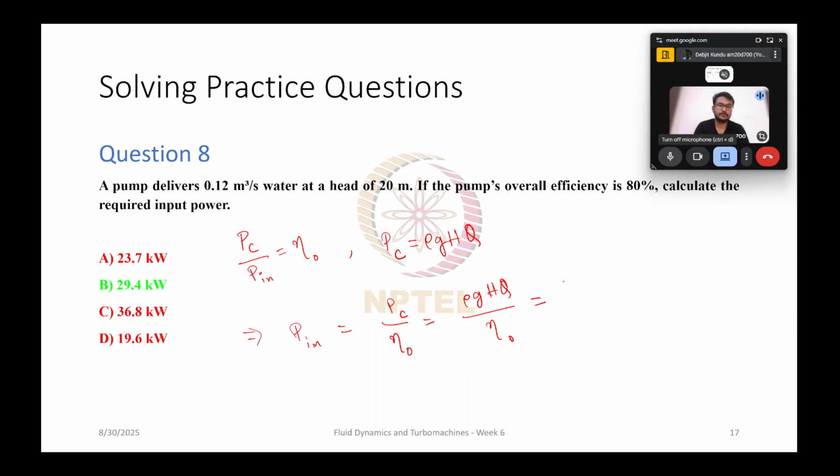Now just put the numbers in. So we know the density of water, we know g, 20 is the H given, and the flow rate is 0.12, and everything is in SI units, so you don't have to worry about converting things, and divided by the overall efficiency, which is 0.8. So let me just quickly calculate this to confirm.